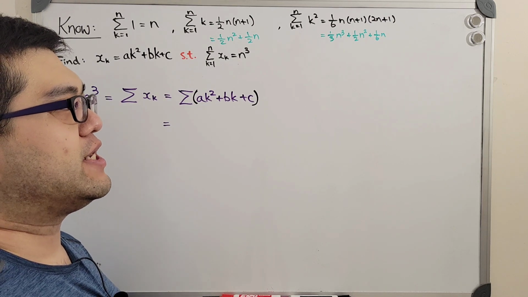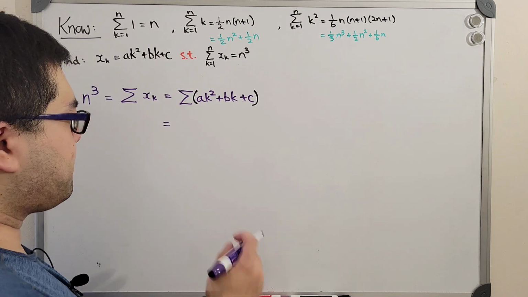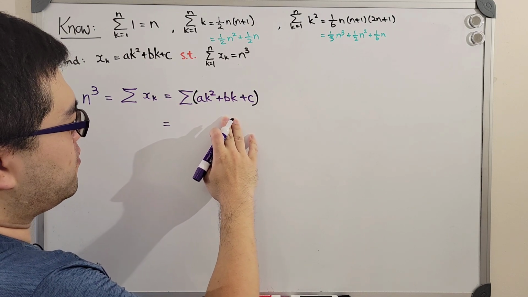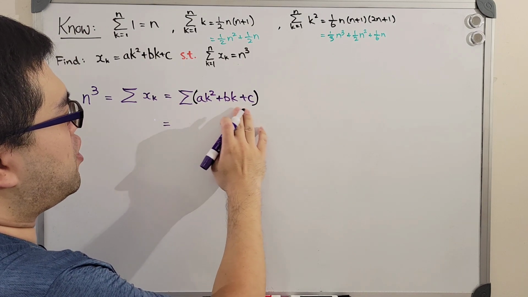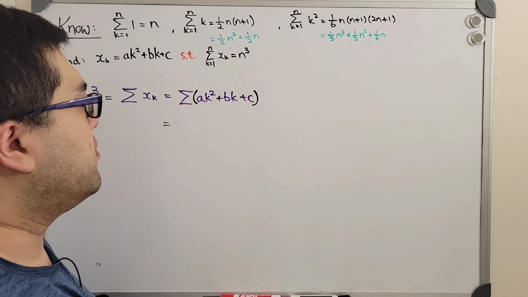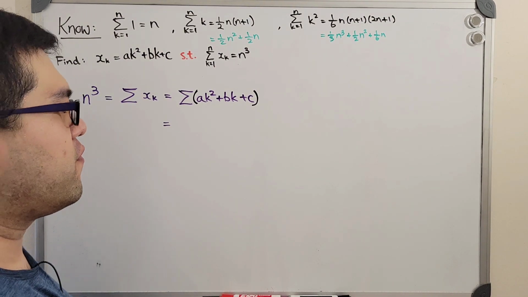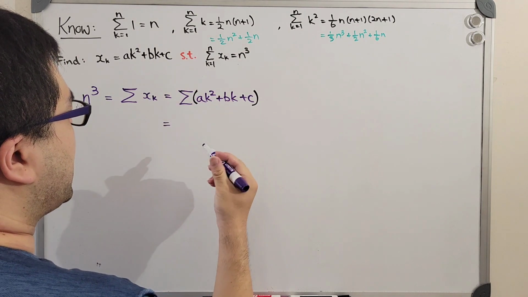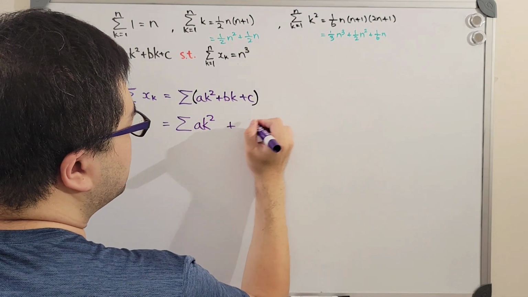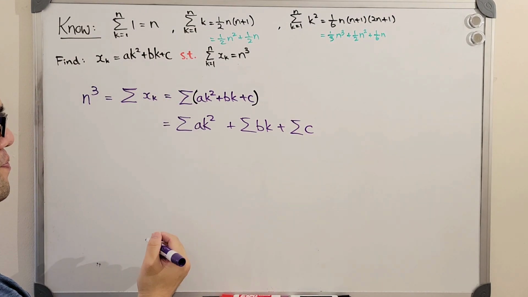In other words, this has to be convergent, and we are allowed to break the closed form into different parts of the sums here. Since we have absolute convergence, we can rewrite the right hand side as the sum of a k squared plus the sum of b k plus the sum of c.